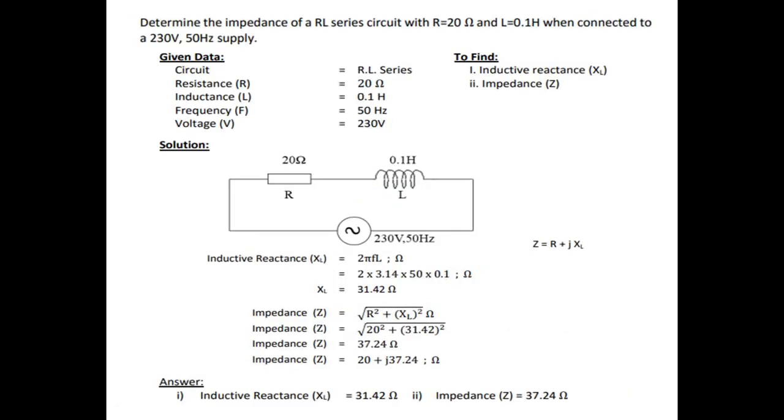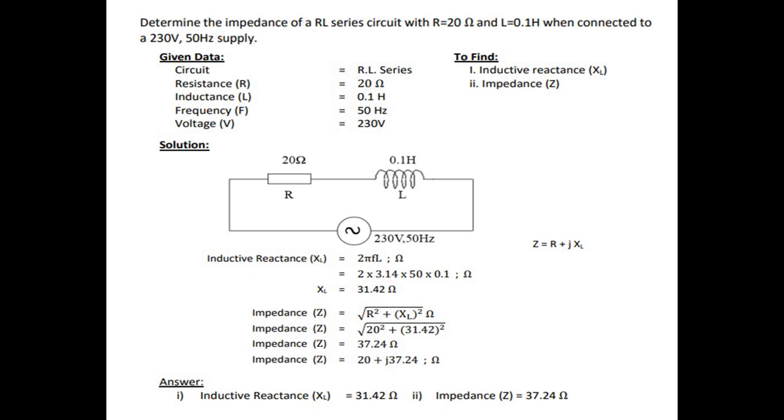Next, RL circuits. Determine the impedance of an RL series circuit with R equal to 20 ohm and L equal to 0.1 Henry, connected to a 230 volt, 50 Hz supply.